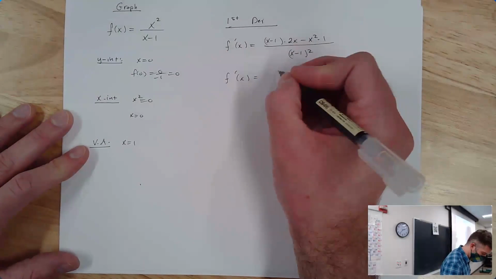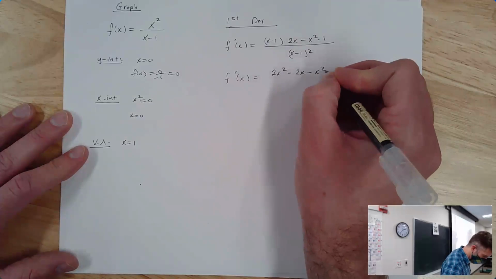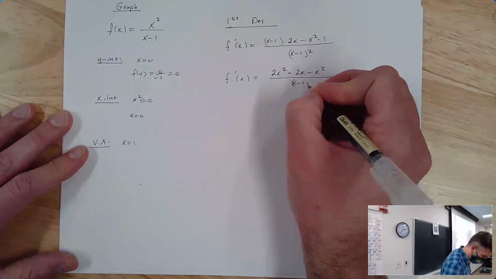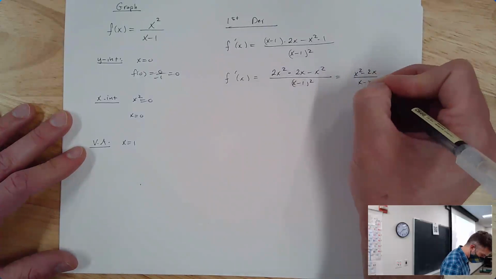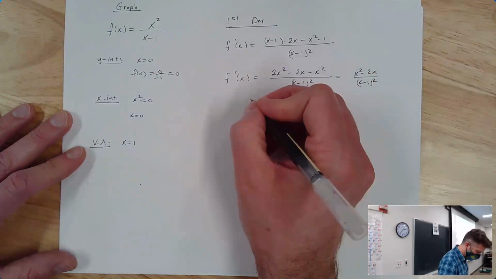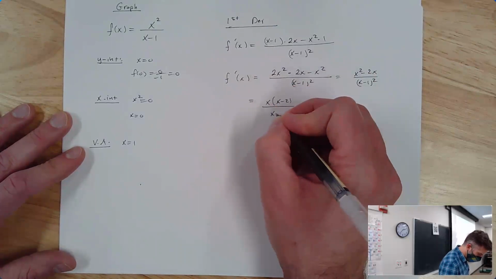So we're going to get 2x squared minus 2x minus x squared all over x minus 1 squared, which is x squared minus 2x all over x minus 1 squared, which I do think factoring is worthwhile here. You get x times x minus 2 over x minus 1 squared.